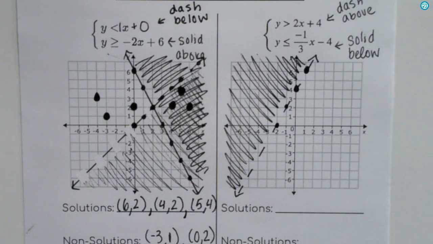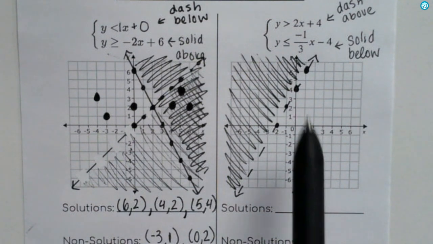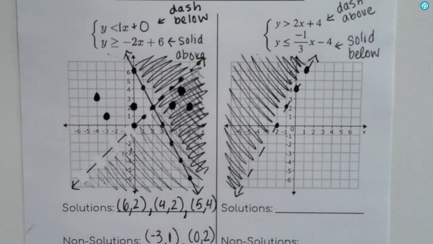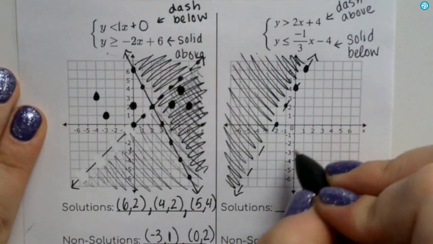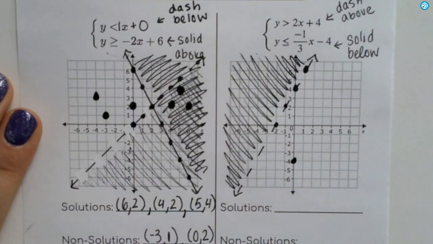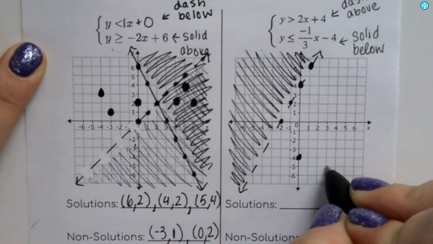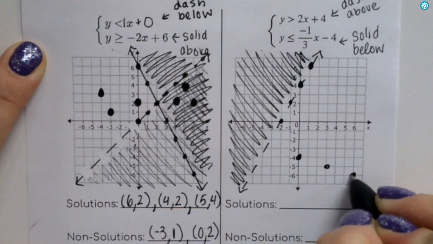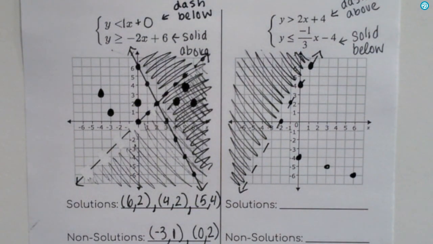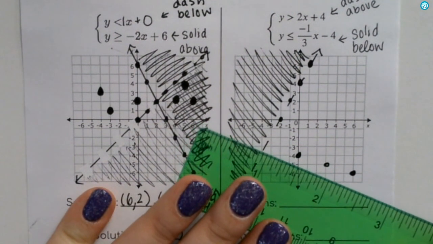Okay. For the next one, we've got y is less than or equal to negative 1/3 x minus 4. So for that one, we will start at negative 4. And then my slope is negative 1/3. So I go down 1, right 3. Down 1, right 3. That one gets to be a solid line, so I can connect it all the way.